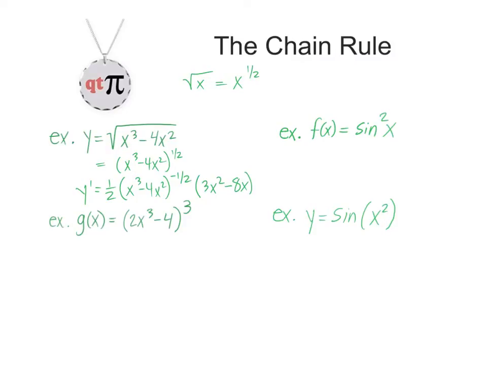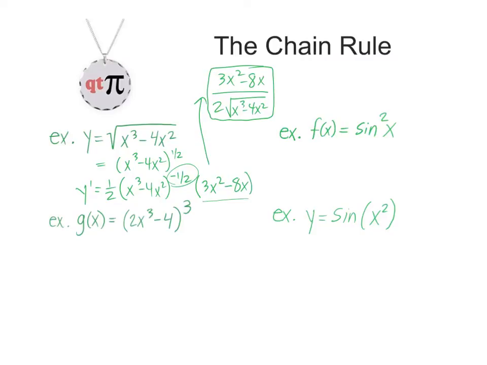Okay, it's not complete until you have done the chain rule, and this part out here is the chain rule. And now to kind of clean it up a little bit, I would probably write this as 3x squared minus 8x over 2 times the square root of x cubed minus 4x squared. That's a negative 1/2, which means it can go to the bottom, and I'd rather write it as a square root than as a 1/2 power. Okay, that's our first chain rule.